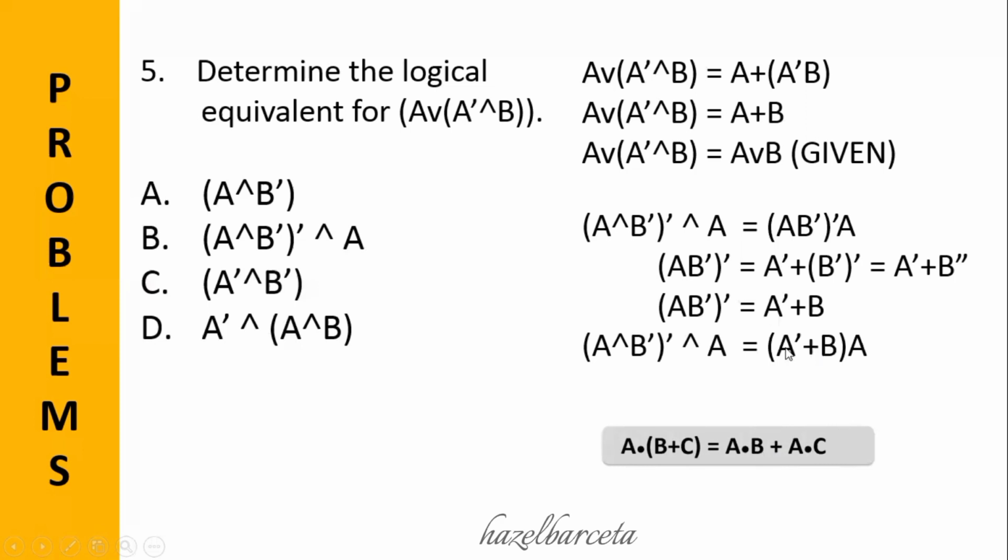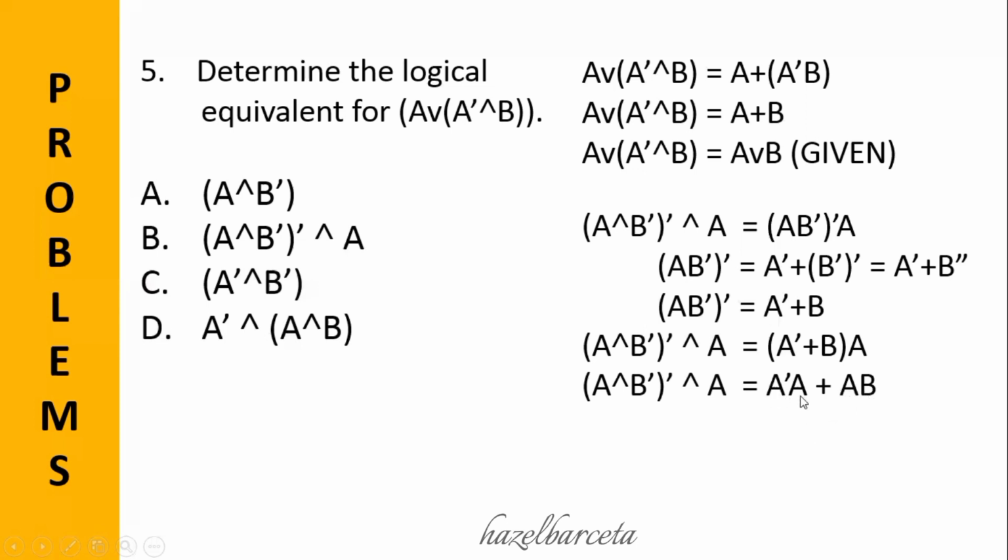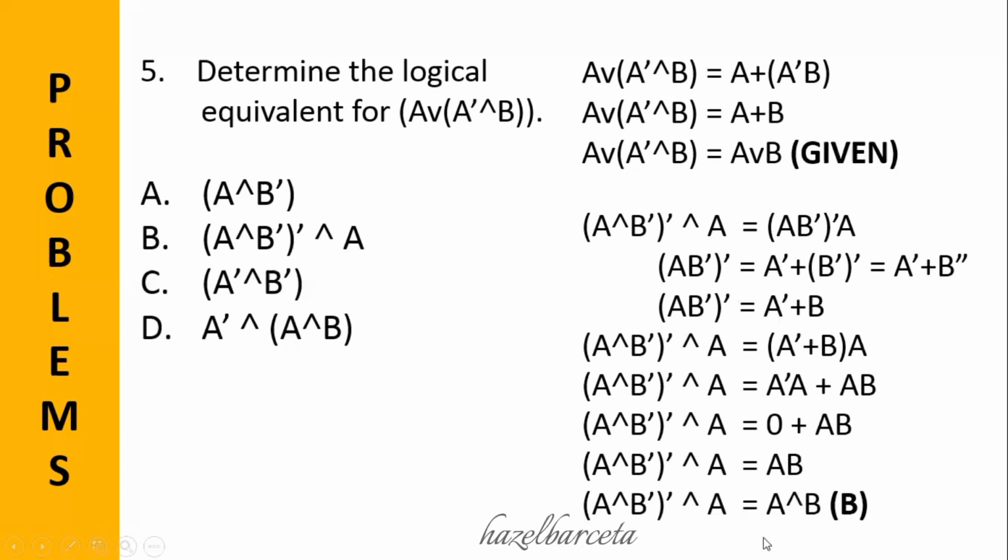Magiging po siyang A prime times A plus AB. Okay? Then, A prime times A, we have this rule which is equal to 0. So, ito po ay magiging 0. Then, our simplified form will be AB which is equal to A or B.